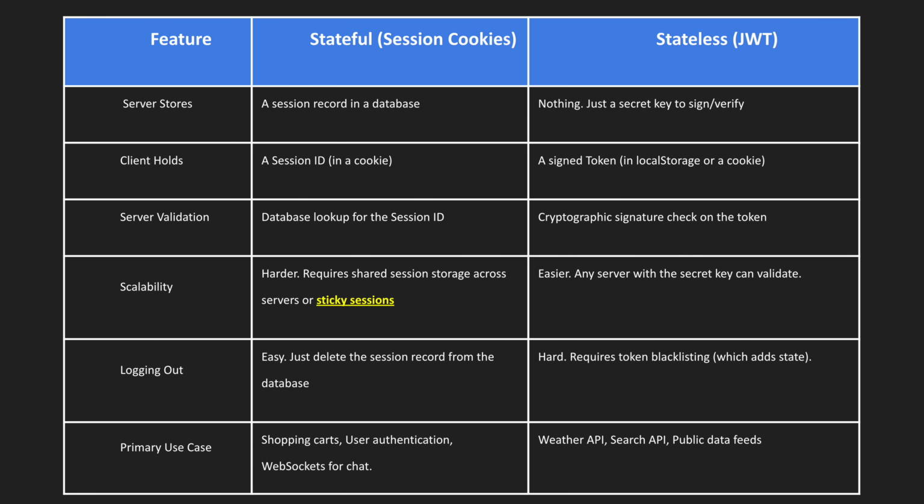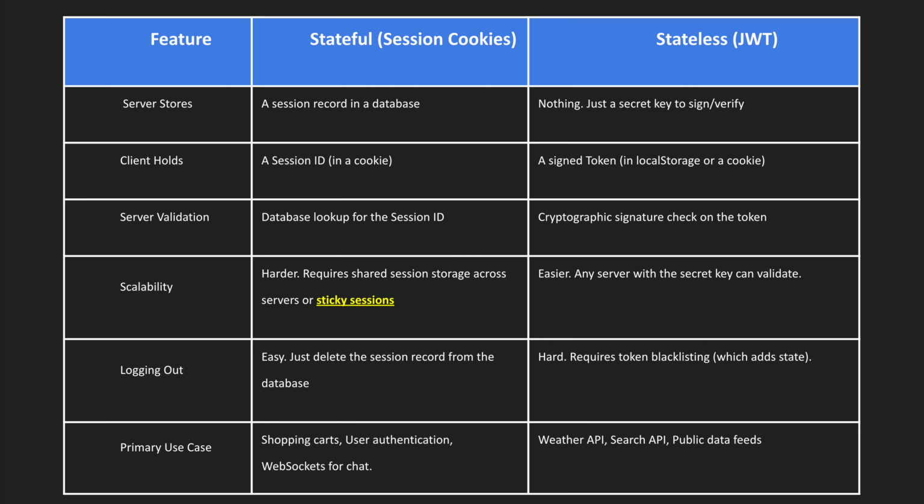But let's now take a look at a more granular level. What are the exact differences, for example, in terms of storage? For the stateful, the main usage is session cookies, and for the stateless, the main usage is the JWT token.